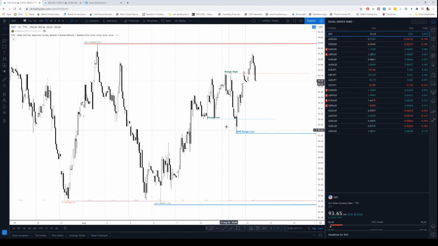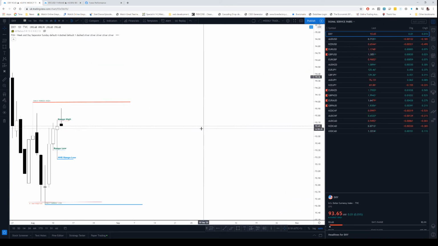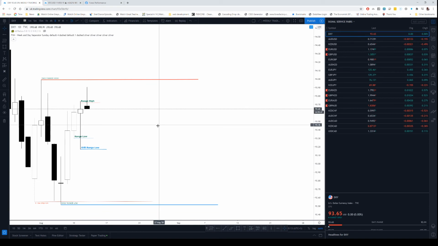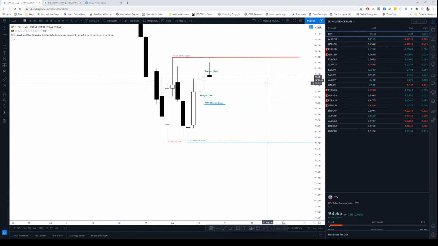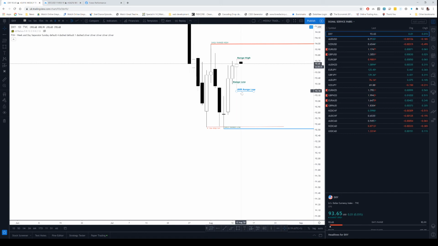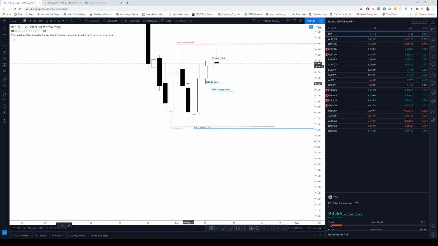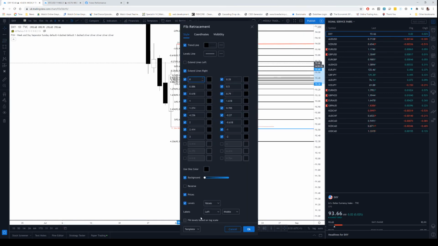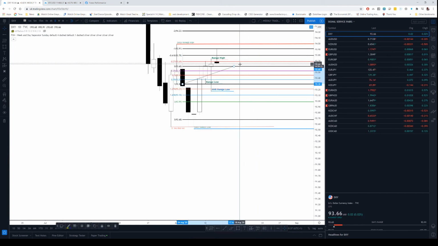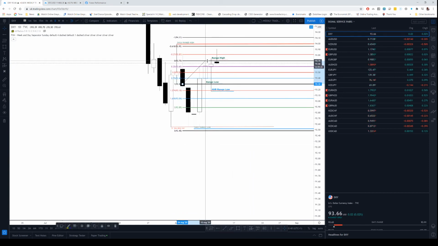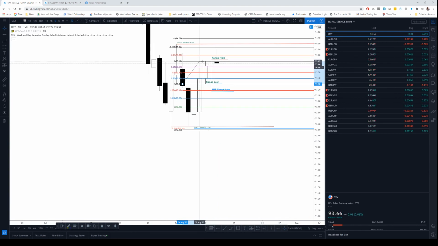Let me show you how I caught the reversal here. So yesterday, as I was watching price, you all know that I was looking for that Monday low to be run, right? So what I did was I measured this high to this low, and I measured that low to that high on that last up candle right there.